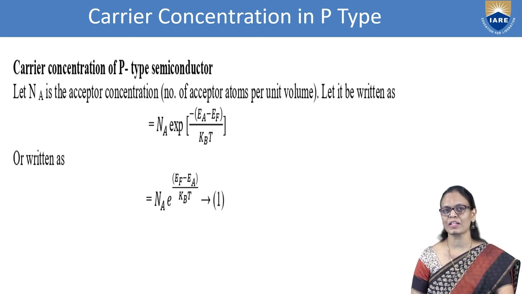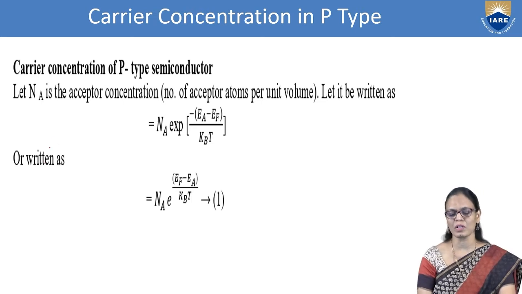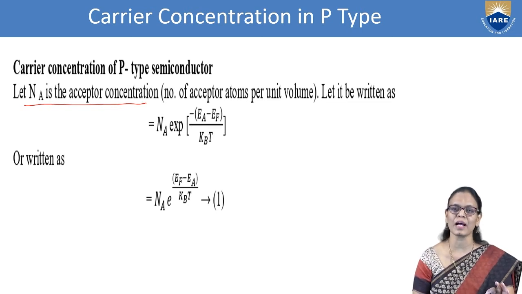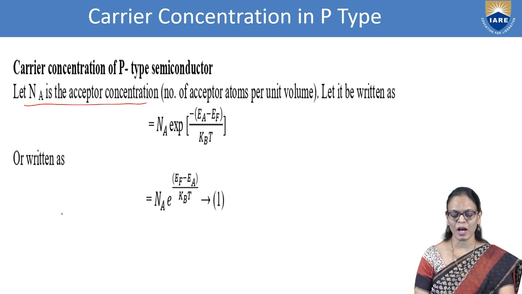Now to do this derivation, first what we have to know is the acceptor concentration. So what is acceptor concentration? Let Na be the acceptor concentration, that is the number of acceptor atoms per unit volume we have added. Now the expression for the concentration of the acceptors is given by Na exponential minus of (Ea minus Ef) by kBT.